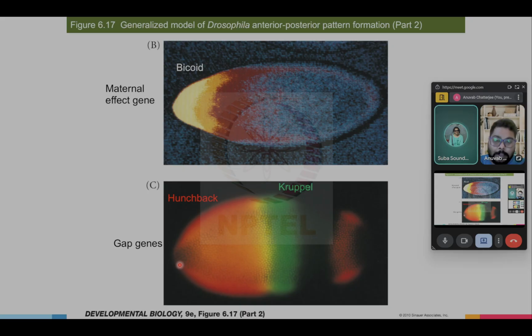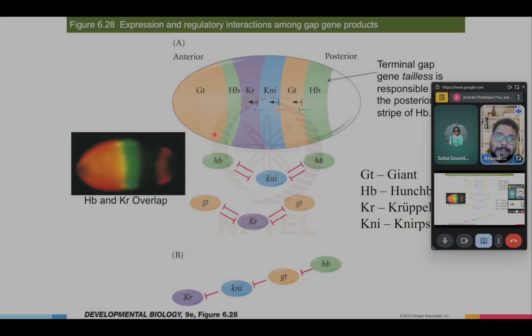So even in this image, you would have seen giant right here. And in this image, you can see that giant is here. It has just overlapped with hunchback. So we have giant here at the anterior most pole, followed by hunchback. So even a low amount of bicoid can start the expression of hunchback.